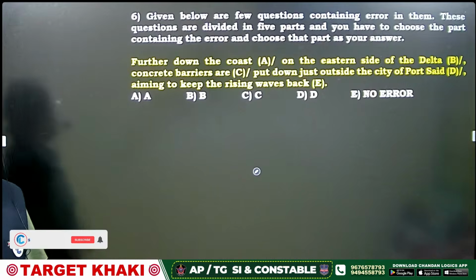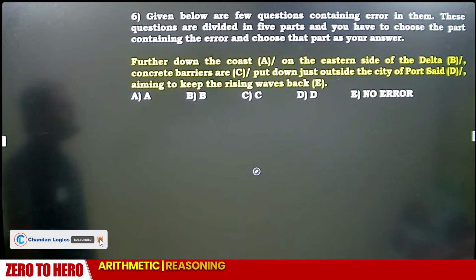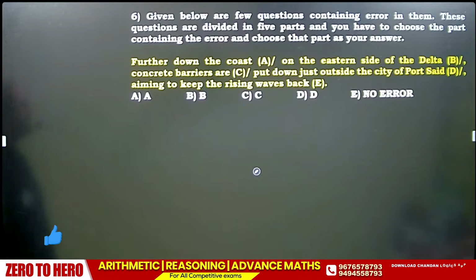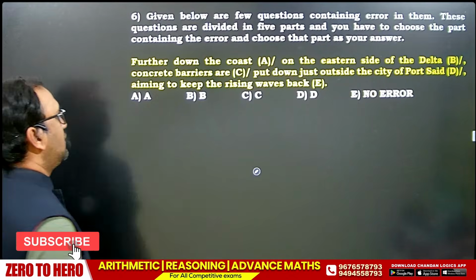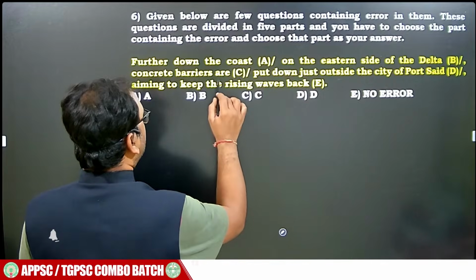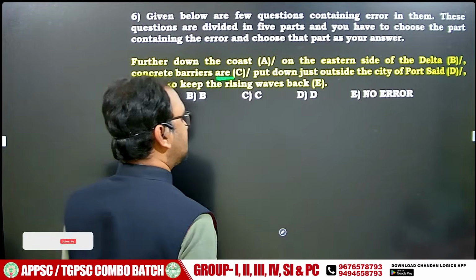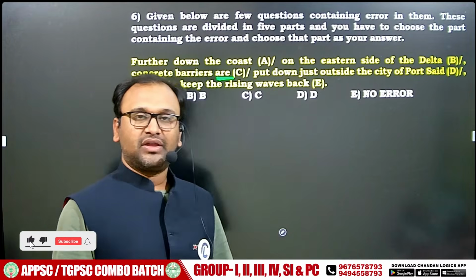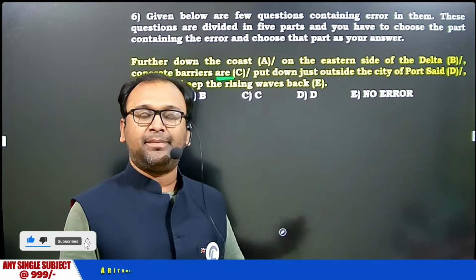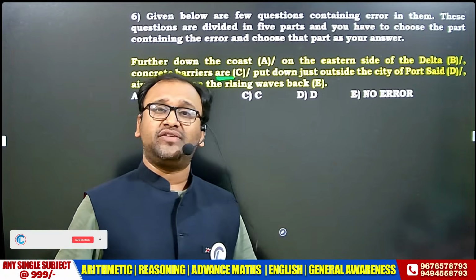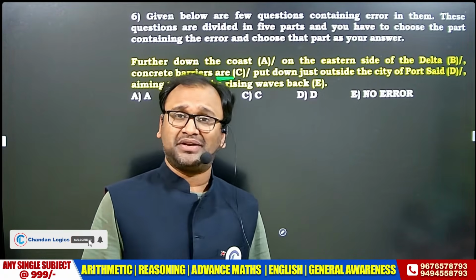There is a serious problem here with tenses, my dear friends. There is a serious lapse with tenses. You cannot use "are" here. "Are" is present simple tense in passive voice. This is not a universal fact to use present simple tense.